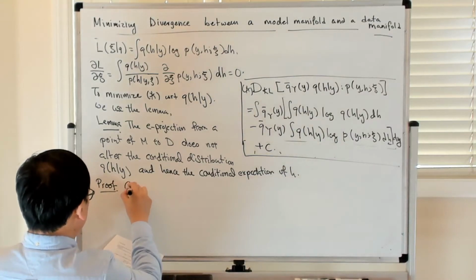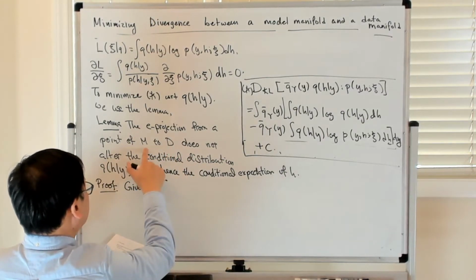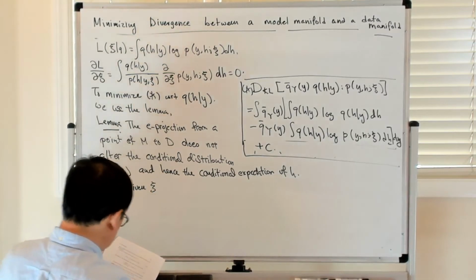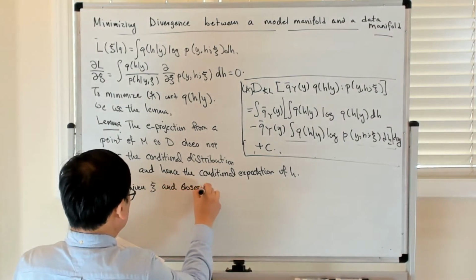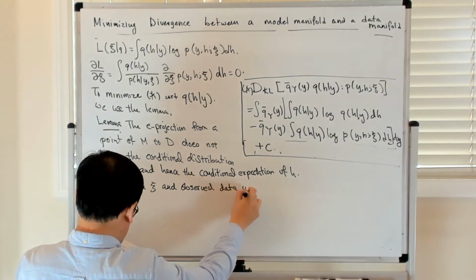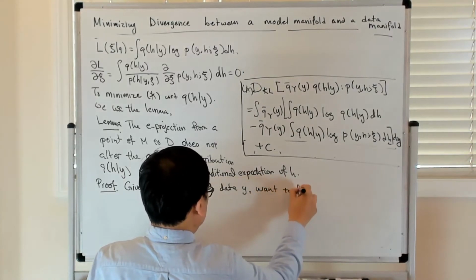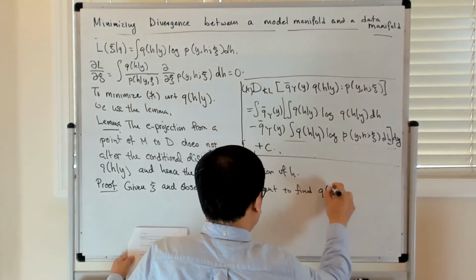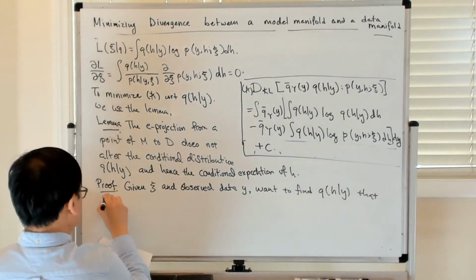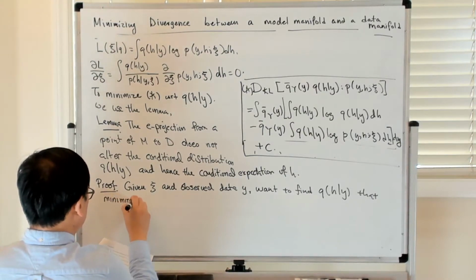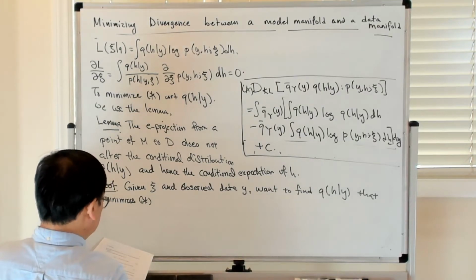If you're given C, now you want to project from M to D. You're given a point on M, which is parameterized by C, and observed data Y. You want to find Q(H | Y) that minimizes this KL divergence.